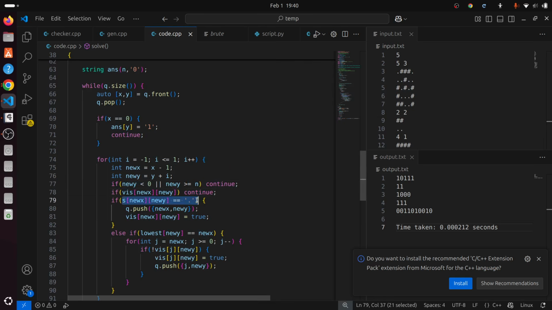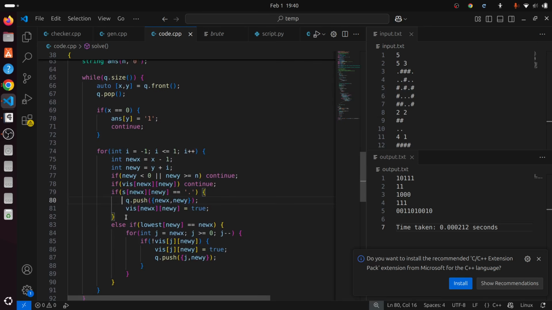If it is empty, then we will put it into the queue, right? And if it is a wall, then we'll check if it is the lowest one. So if the lowest one in this column, that is new y, is new x, like if this wall is the lowest one, then we will insert all the nodes.